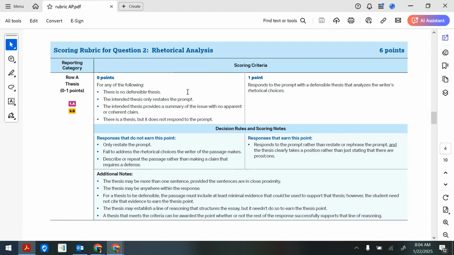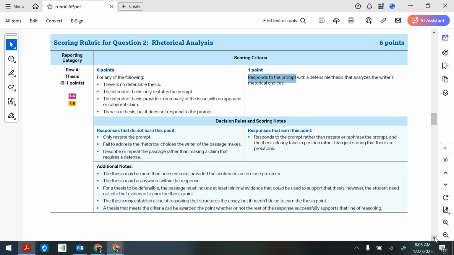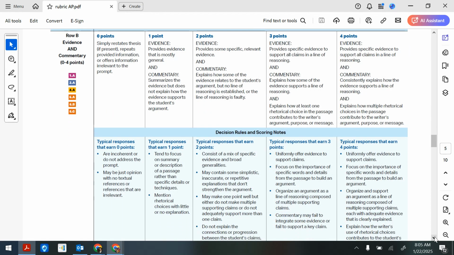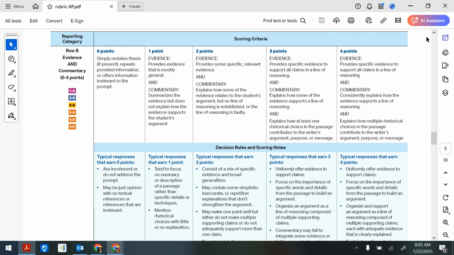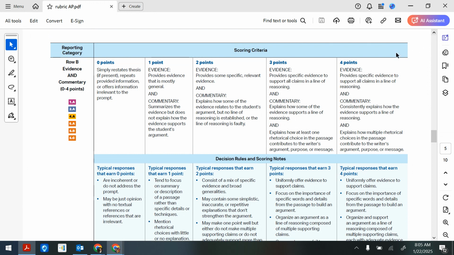You can Google the rubric from the College Board so you can see exactly what the AP readers are looking at. 1 for the thesis, that's the easy part. And then the harder part is maxing out this 4 for evidence and commentary. Okay, remember this is the evidence and commentary part.